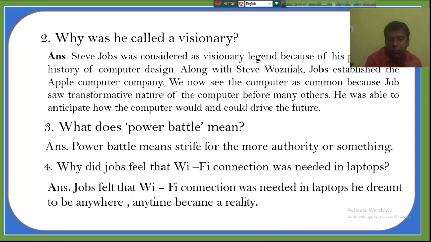The answer: Jobs felt that a Wi-Fi connection was needed in laptops. His dream to be anywhere, anytime became a reality. Dear students, please note down this answer. It is very, very important.